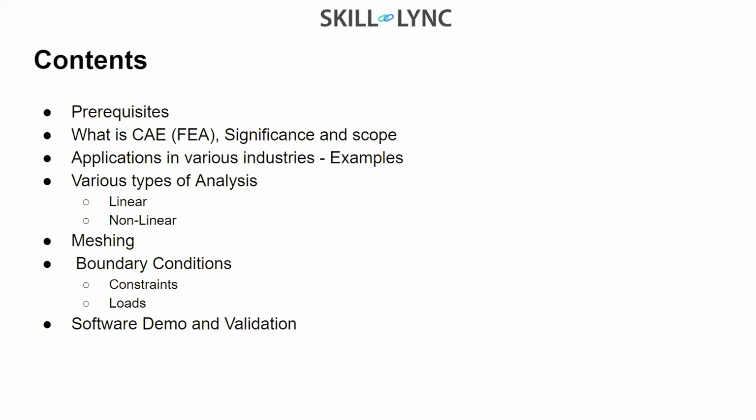We'll discuss what a static analysis is, what a dynamic analysis is, what linear and non-linear analysis are, what meshing is, why meshing is required, and all the processes involved in meshing, the boundary conditions, loads, constraints, and everything. Then we'll have a software demo where we'll work on a simple bevel gear simulation in ANSYS Workbench.